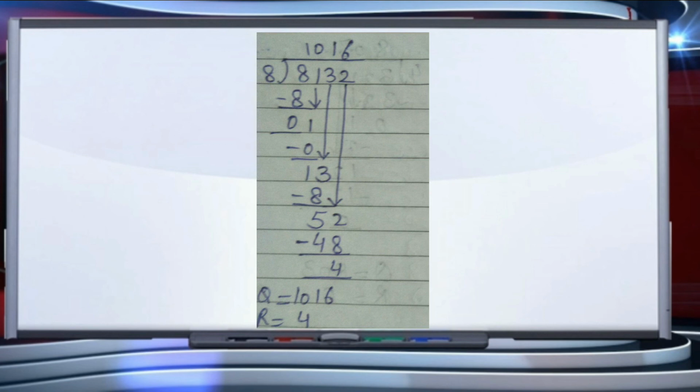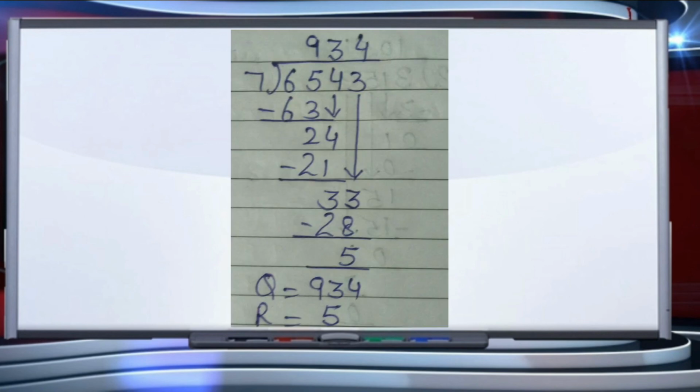Again it will become 13. 8 ones are 8. 13 minus 8 will be equal to 5. Then bring 2 down. 8 6s are 48. 52 minus 48 will be equal to 4. So the quotient here is 1016 and remainder is 4.